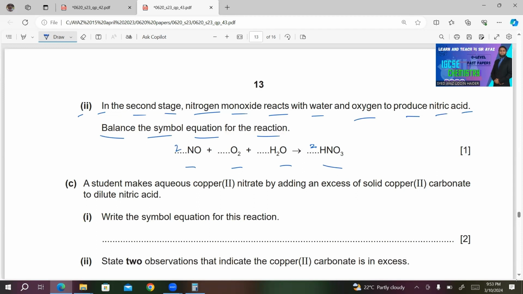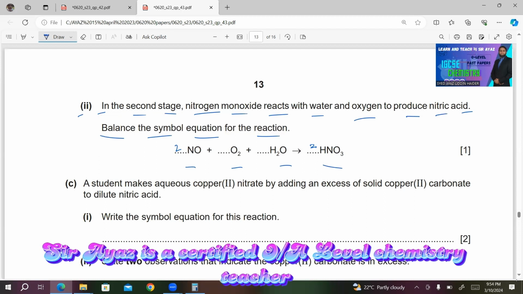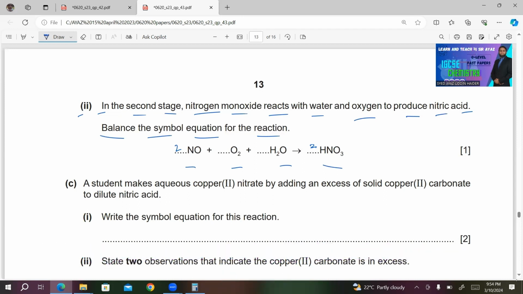Now, how can I balance oxygen? On the right hand side, we have 2 multiplied by 3, 6 oxygen. And on the reactant side, we have 2 plus 2 plus 1, 5. So we can't balance it by placing 2 here, because then it will become 2 multiplied by 2, 4, plus 2, 6, plus 1, 7. And I can't place 3 also before HNO3. So let's place 4 before HNO3.